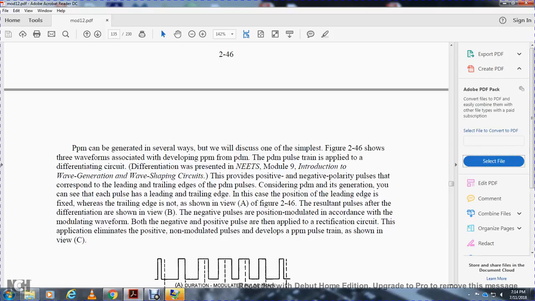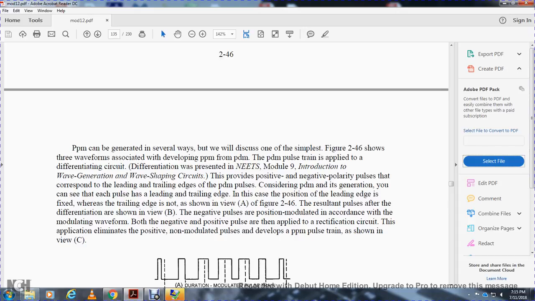Considering a positive pulse duration modulation waveform, you can see the pulse has a leading and a trailing edge. In this case, the position of the leading edge is fixed, whereas the trailing edge is modulated, as shown in view A of figure 2-46. The resultant pulses after differentiation are shown in view B. The negative pulses are position-modulated in accordance with the modulating waveform, and both the negative and positive pulses are applied to a rectification circuit.